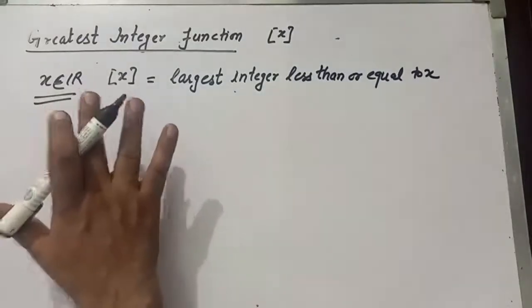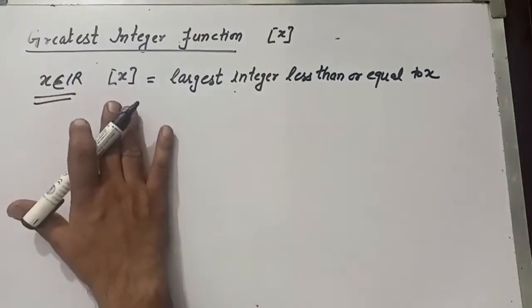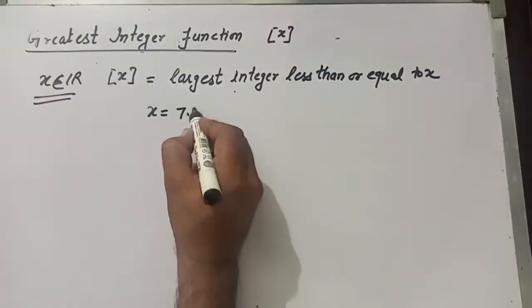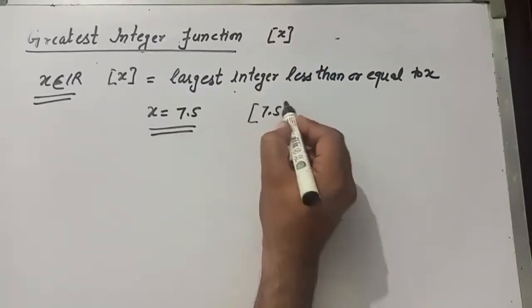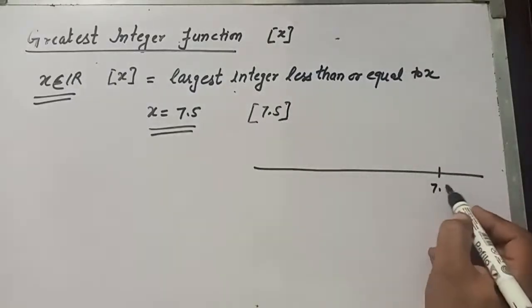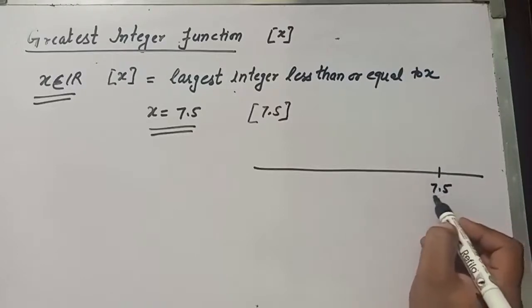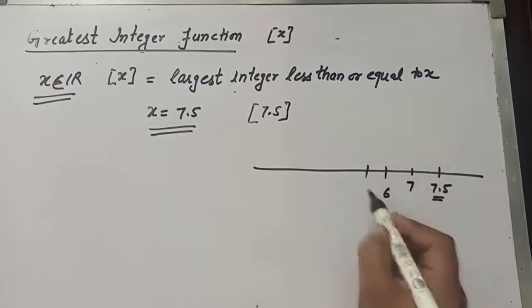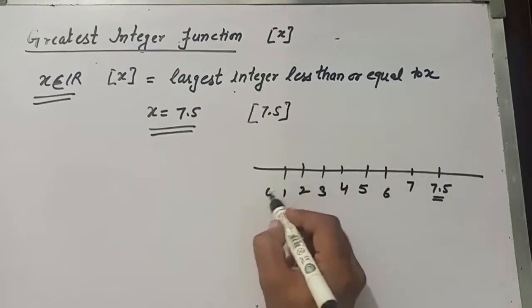Now we will work out some examples on this function so that you can better understand what value it will give. Suppose x is 7.5. Then what is the greatest integer of 7.5? You have to mark 7.5 and mark every integer less than or equal to 7.5: 7, 6, 5, 4, 3, 2, 1, 0 and so on.